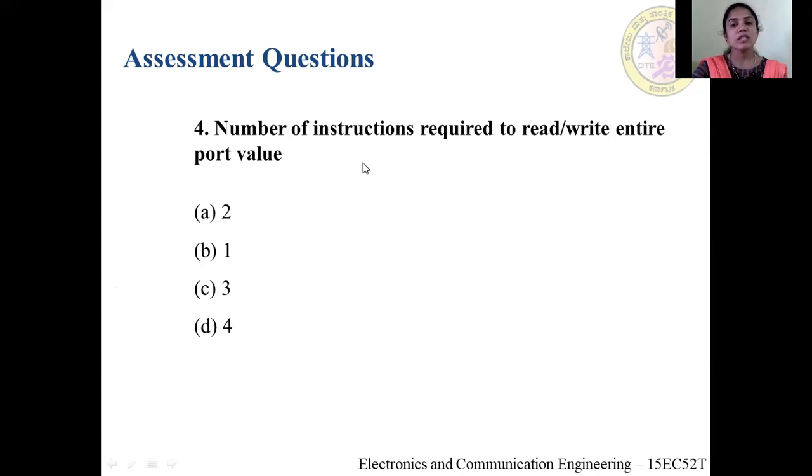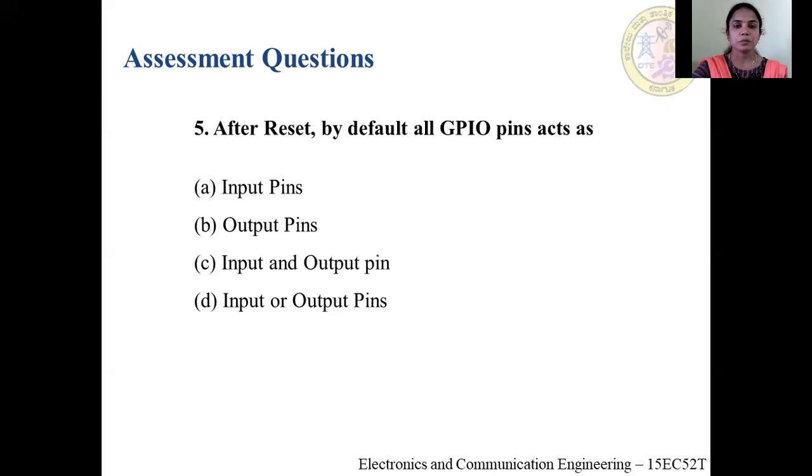Each port is a 32-bit port. To read or write the entire port value, how many instructions are required? Only one instruction is enough to read or write the entire port value.